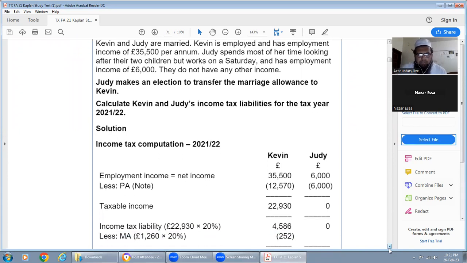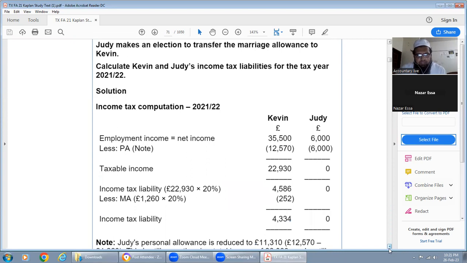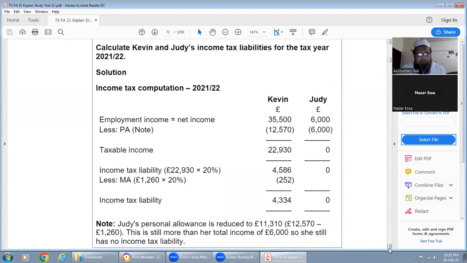Now we have to calculate Kevin and Judy's income tax liability for the tax year 21-22. We have employment income of 35,500 and 6,000.